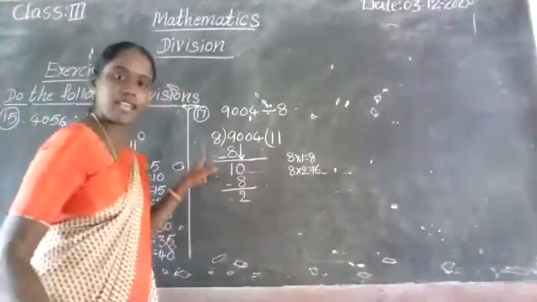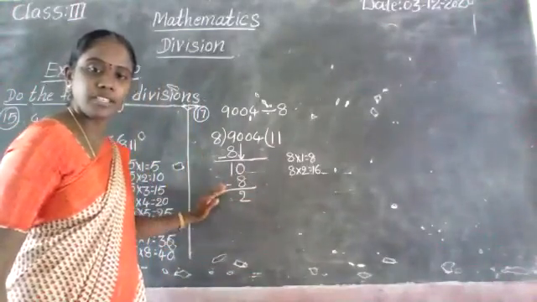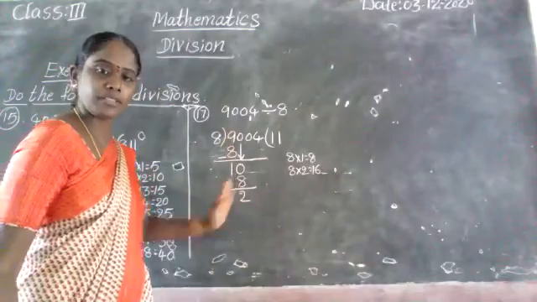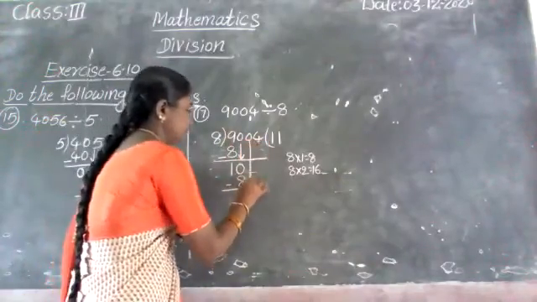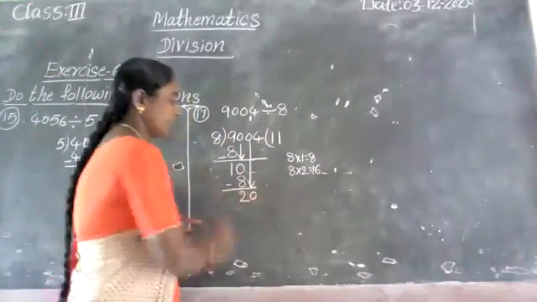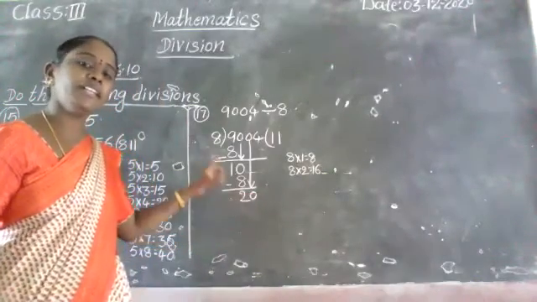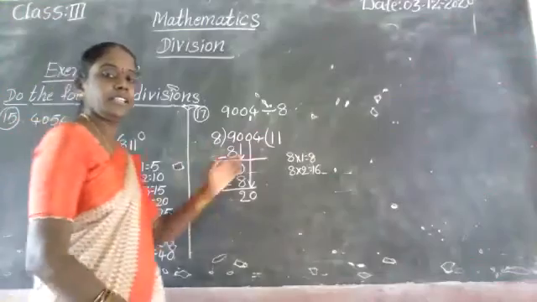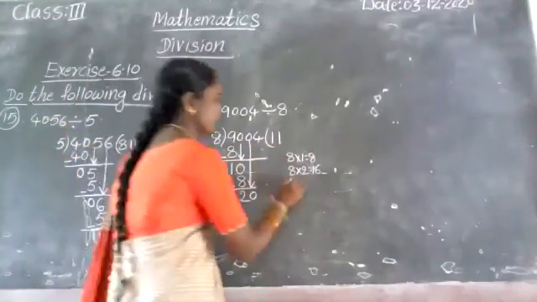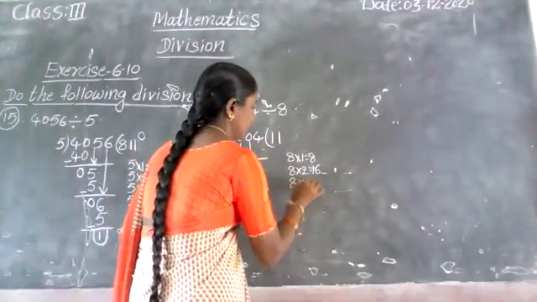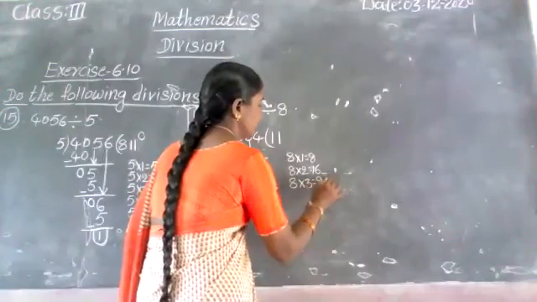Now 2 is less than 8, so we have to take the next number, 0. Now it is 20. 20 divided by 8. In the table, where will 20 come? Check once. 8 threes are 24.